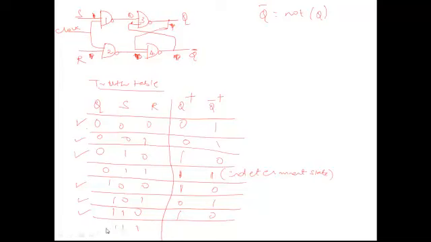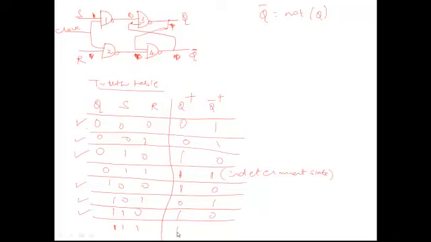So 1 and 1. Here again, independent of the present state, it is giving only 1 and 1. The output of the first NAND gate is 0, and the output of the second NAND gate is also 0. It is independent of the value of Q. It is directly giving you Q is 1 and Q bar is 1.